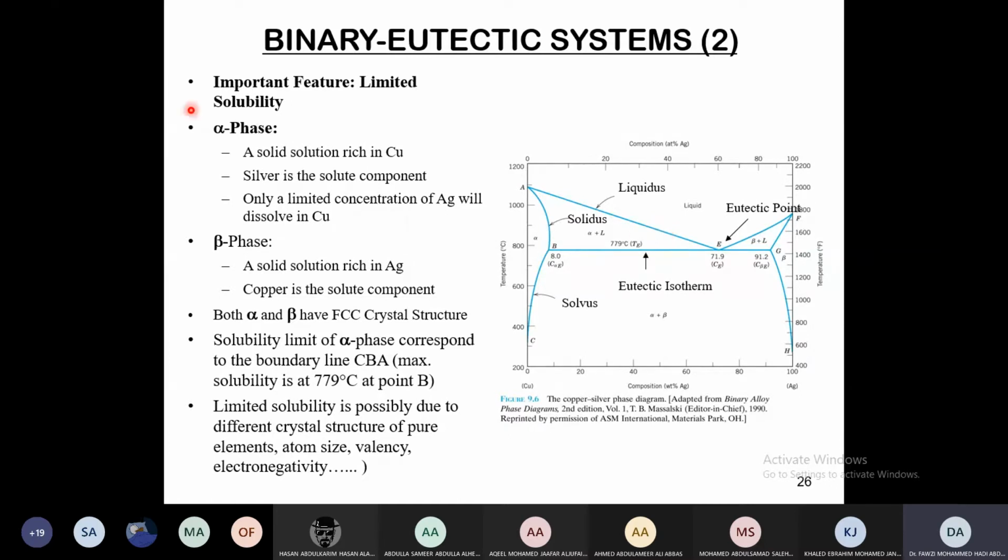How does that work? So basically, to revise what I already said, the alpha phase is a solid solution rich in copper. That's the alpha phase. Silver is the solute component, and copper is the solvent basically. Only a limited concentration of silver can dissolve in the copper, and that is dictated by the solubility line which I have mentioned here.